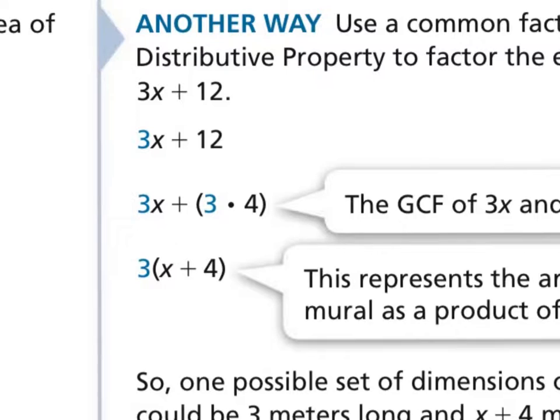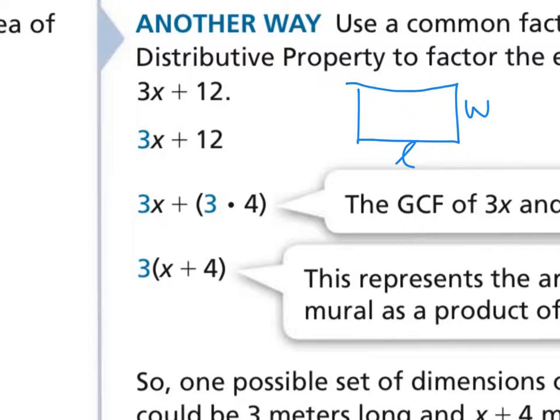The question is, what are the dimensions? Well, if you have a rectangle, the dimensions they're referring to are a length and a width. When you find the area of something, when you get square meters, for example, you multiply the length times the width.